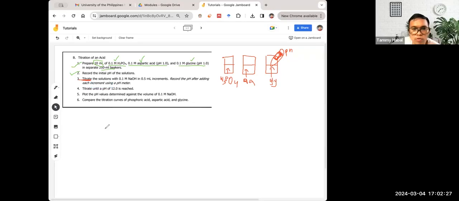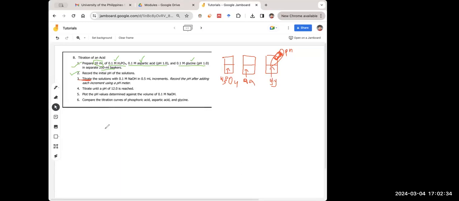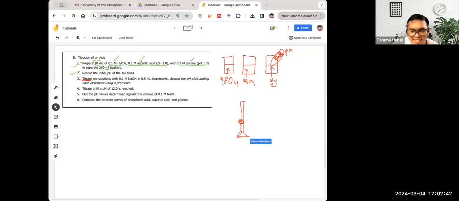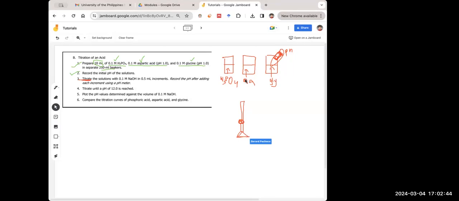So do you know how to do titration? It's the one where there's the little knob here. Is it this one? Yes. Good. I've never done titration alone before.